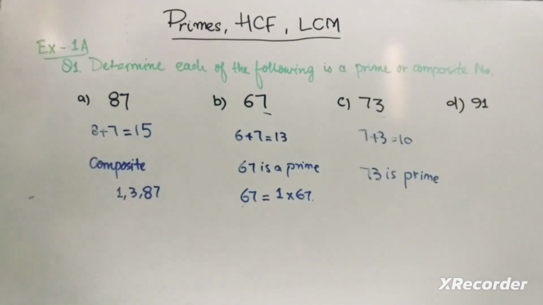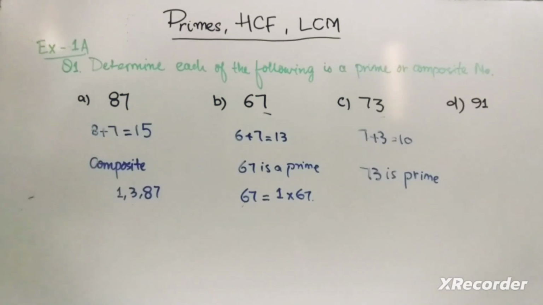Now last question, 91. In 91, first we see the last digit, that is 1, which does not come in the table of 2. Now when we add 9 plus 1, it also gives 10, which does not come in the table of 3.